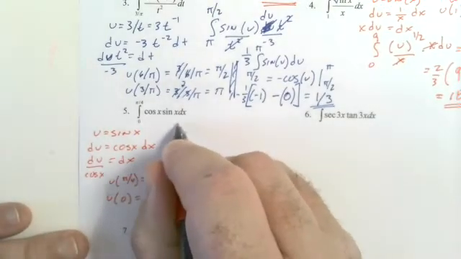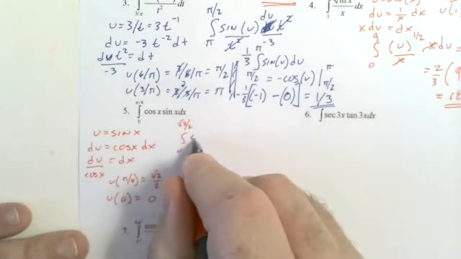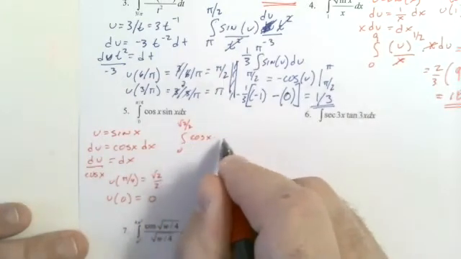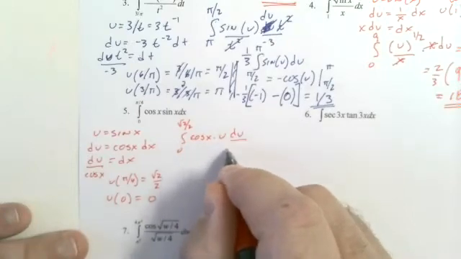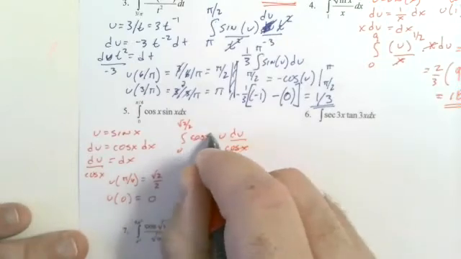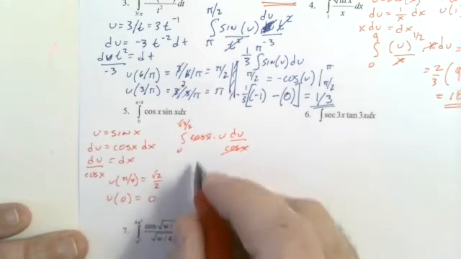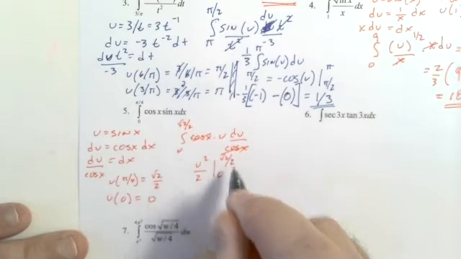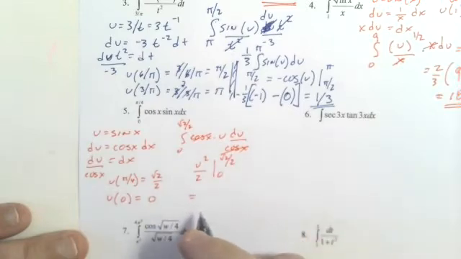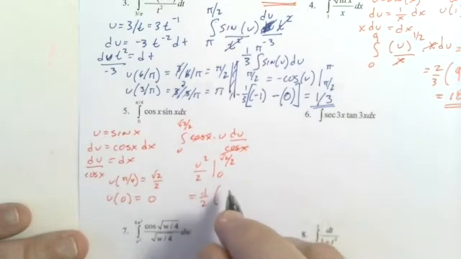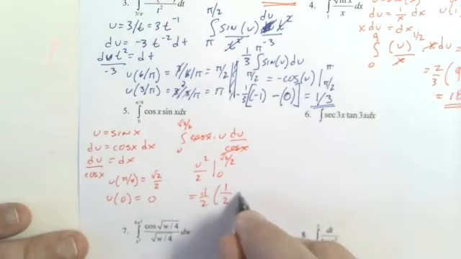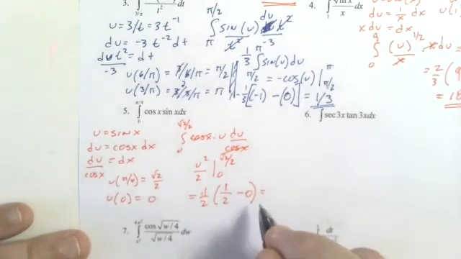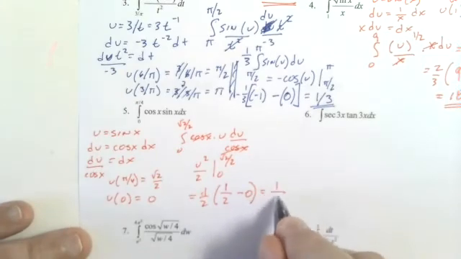Integral from 0 to root 2 over 2 of cosine of x, u du over cosine of x. Integrate u squared over 2, from 0 to root 2 over 2, equals 1/2 times root 2 over 2 squared, which is 2 over 4. 1/2 minus 0 should get me all the way to 1/4.